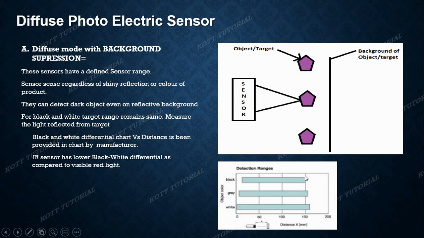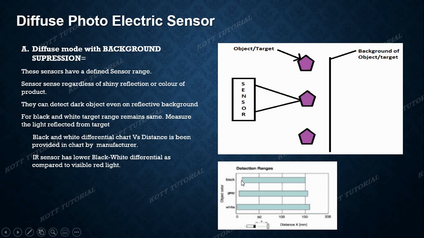If I have a black color or a gray color or a white color product, and I place it under 150 mm, then it can successfully detect. The only difference is that in the diffuse mode with background suppression, it has a dead band for black color. Now what is a dead band? Every photoelectric sensor, when we buy it and look at the technical specification, has a dead zone.